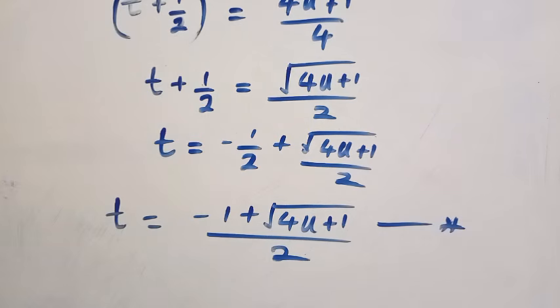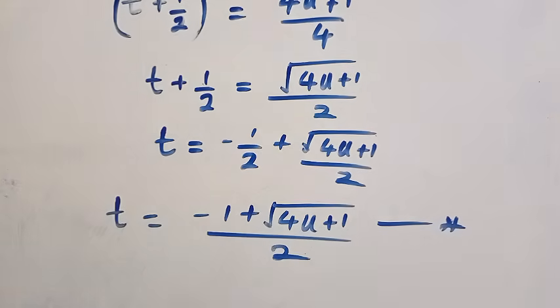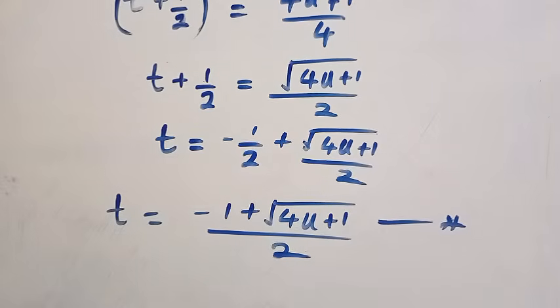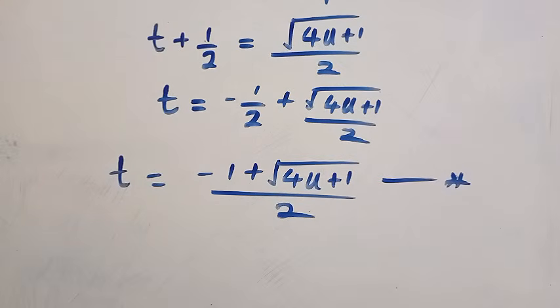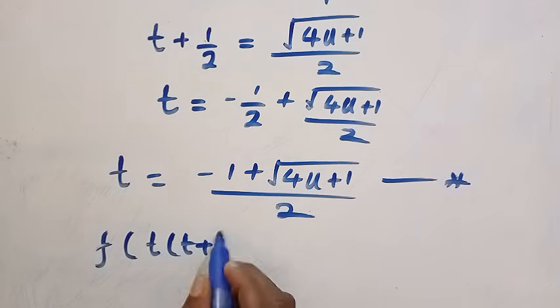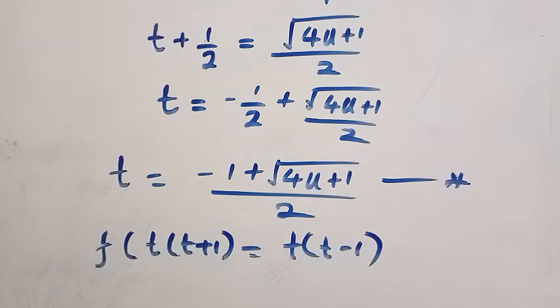But if we recall where we have f of t bracket t plus 1 equals t bracket t minus 1, we have already made t bracket t plus 1 equal to u, and we also have our t here. We need t minus 1, which means at this point I have to subtract 1 from both sides.